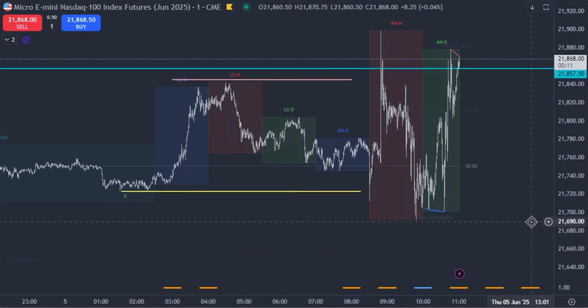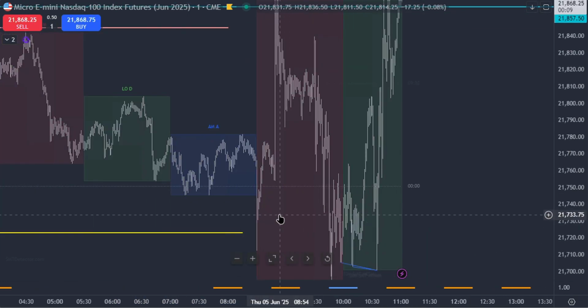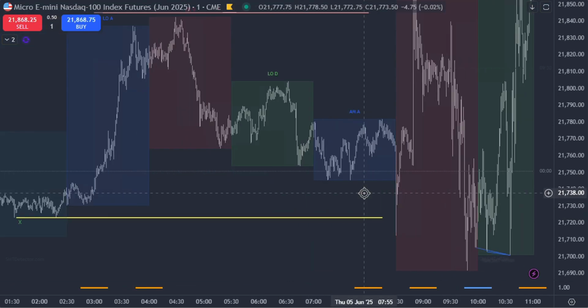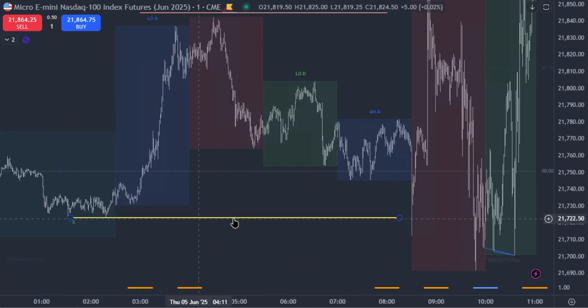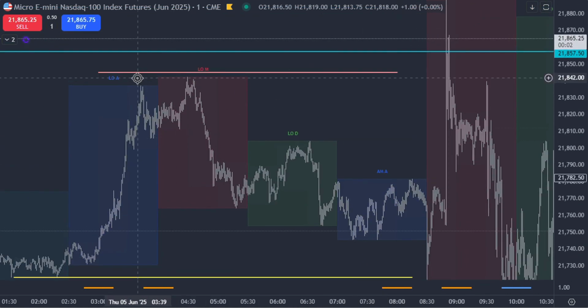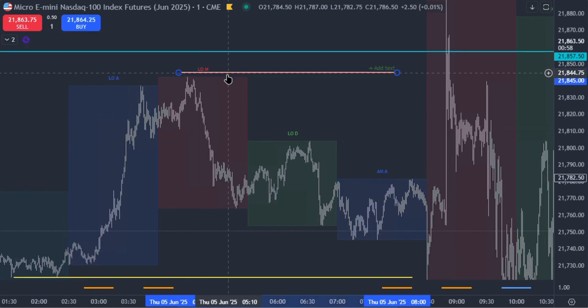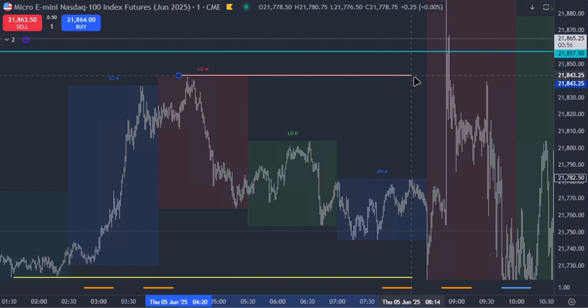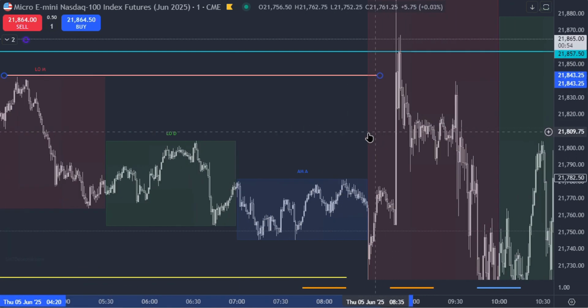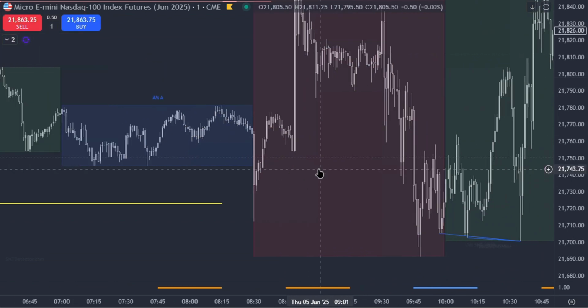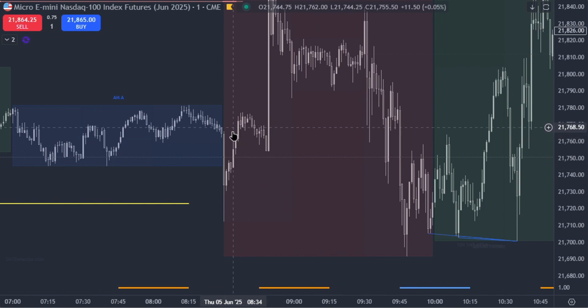Okay. I'm going to zoom in. After we sweep all of this liquidity, we target those hourly highs. There's your inverse fair value gap, or it can be considered also an order block.